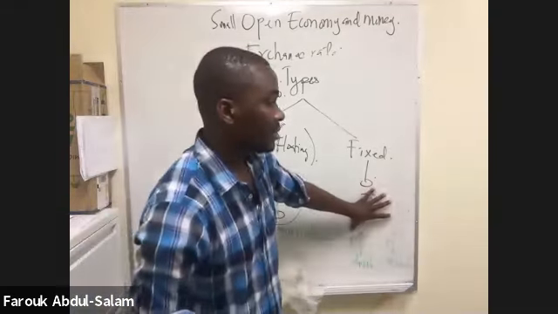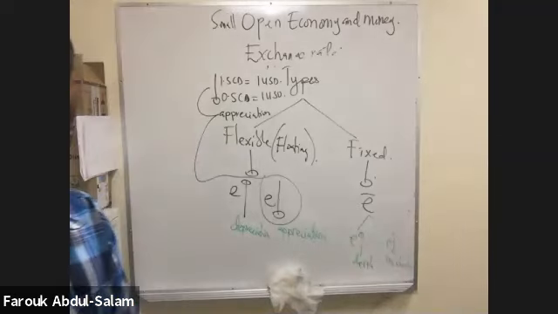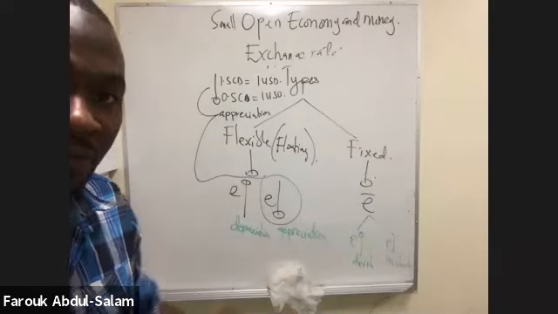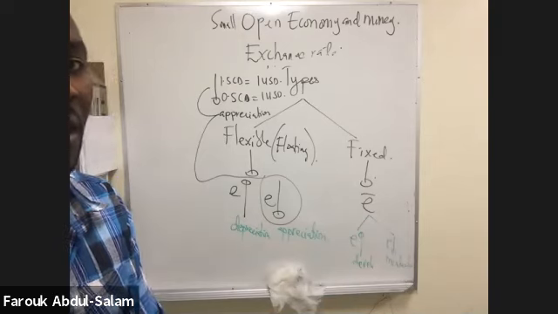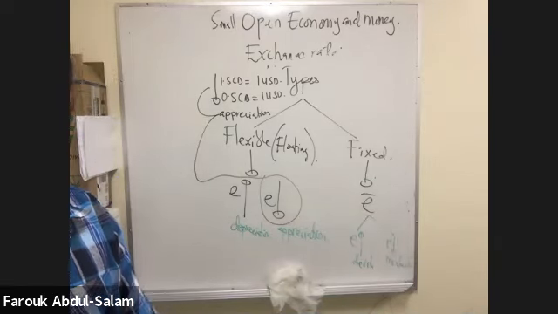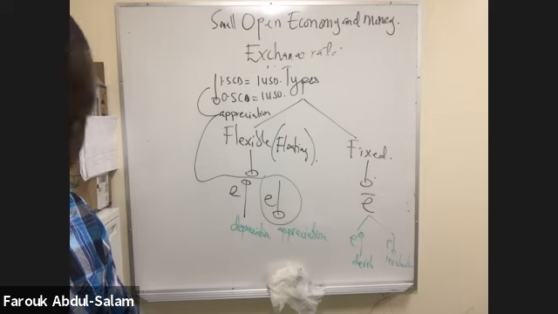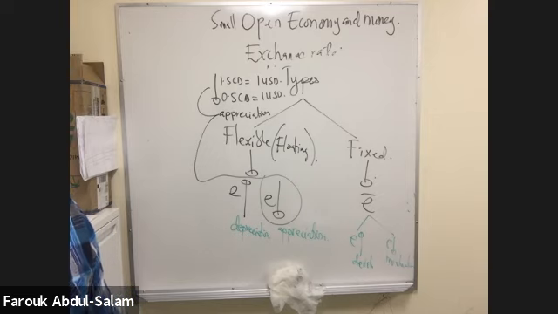But for the case of flexible, it's determined by the market. So the currency is either appreciating by itself or depreciating by itself because the market determines it. That's why there's a need for us to differentiate between the two terminologies. Is that okay, John? Okay, yeah, sure.